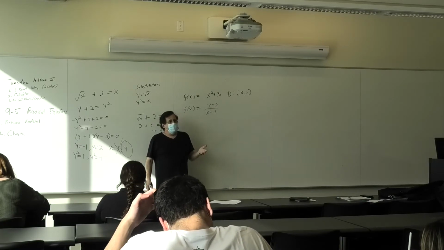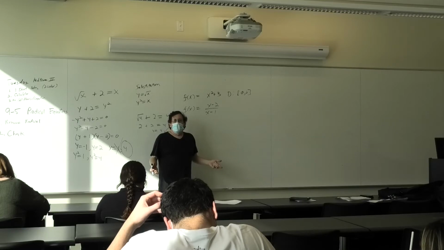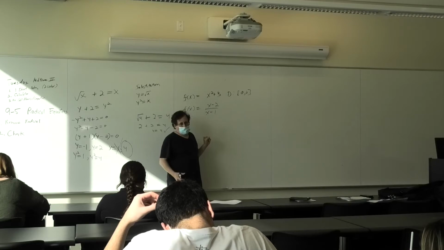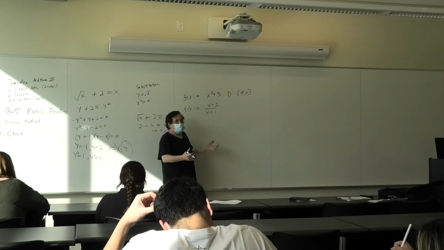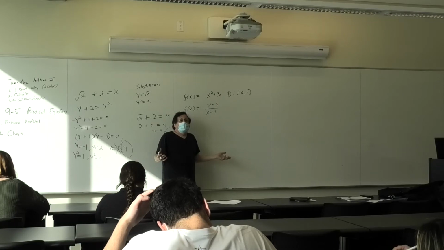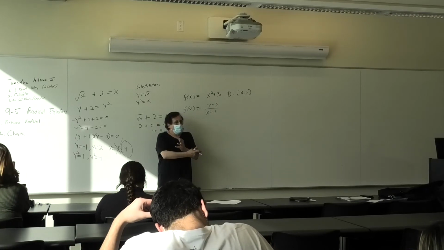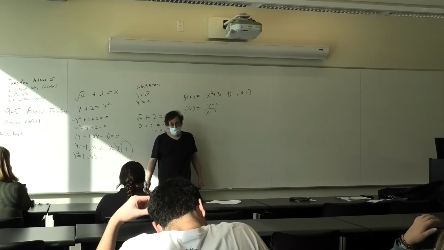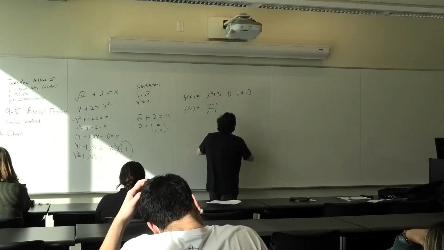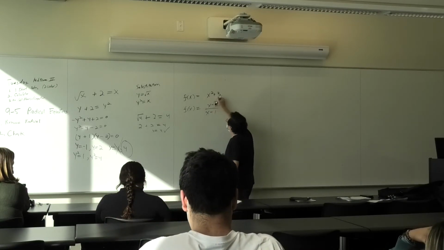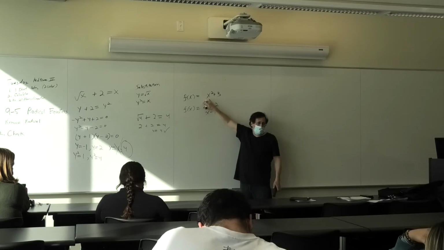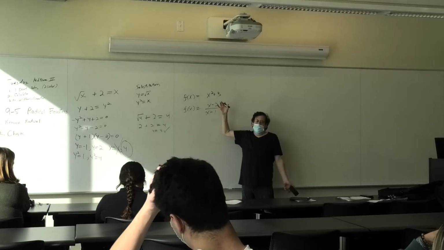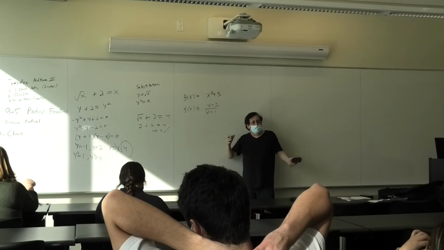But usually when a question asks what's the domain, I haven't told you what the domain is, and you want to tell me what the domain could be. By default, we want it to be as much of the real numbers as possible. So in the case of this function, I can put any real number in here: 0, 5, negative pi, a billion.